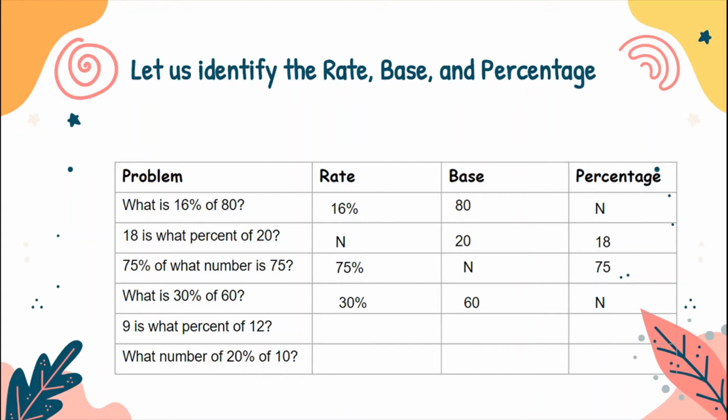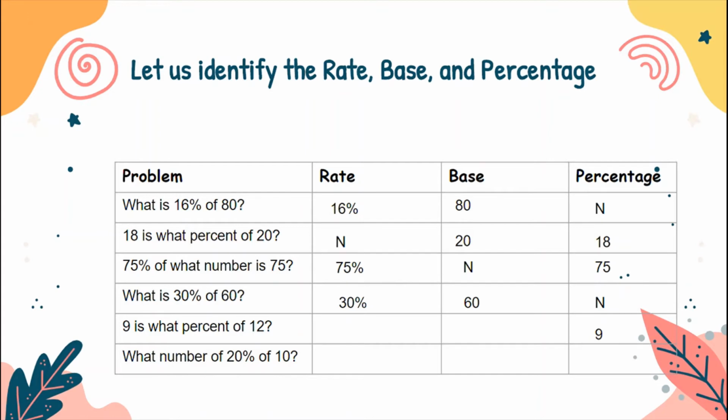Okay, now let's go to the number 5 question. 9 is what percent of 12? So 9 here is already the percentage. So 9 is our percentage. And the 12 here signifies the total number, since we're looking for the percent from the total number of 12.